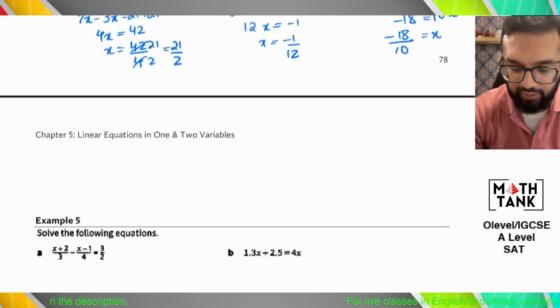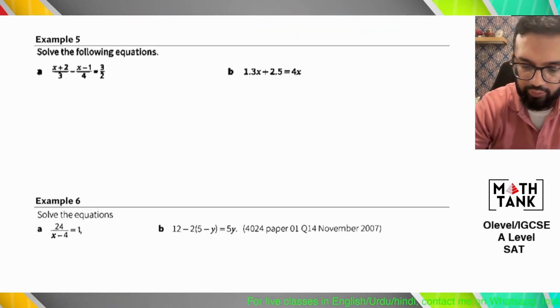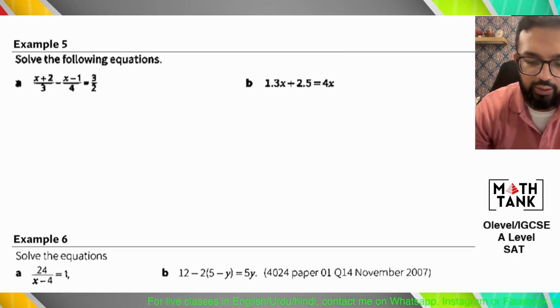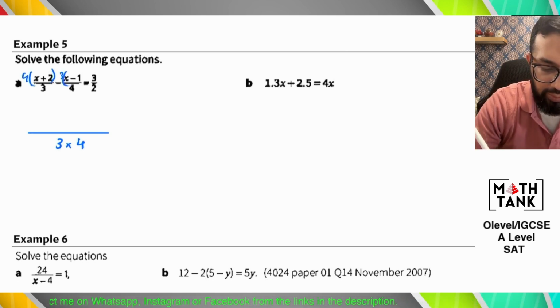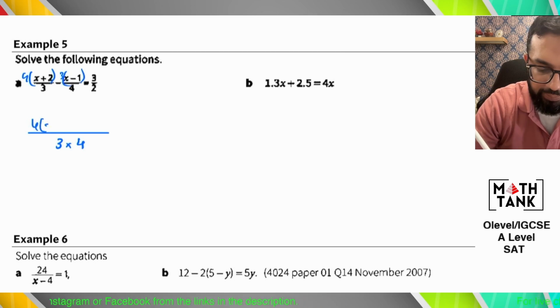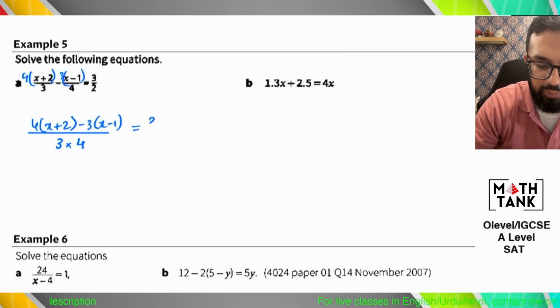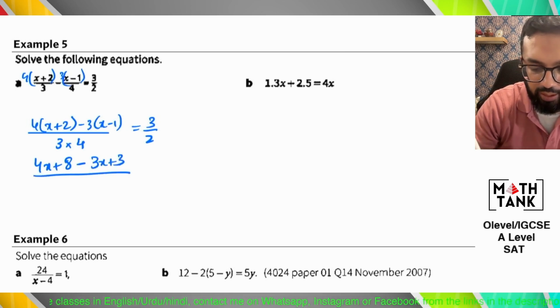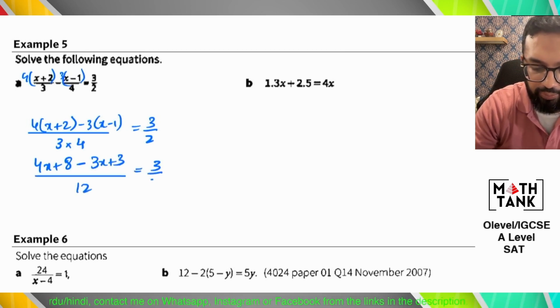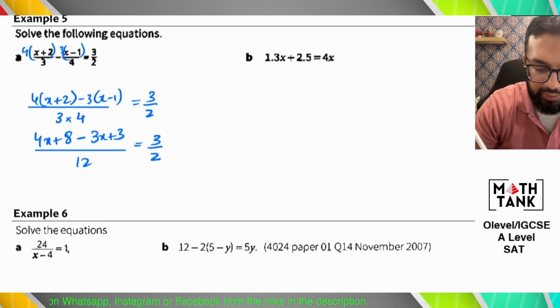I hope that makes sense. There are some more questions on linear equations now. Let's look at this. This is about some fractions, so that's also fine. 3 into 4. So this gets multiplied with 4 and this has to be multiplied with 3. So 4x plus 2 minus 3x minus 1 equals 3 over 2. 4x plus 8 minus 3x plus 3 over 12 equals 3 over 2. 4x minus 3x is x plus 11 over 12.